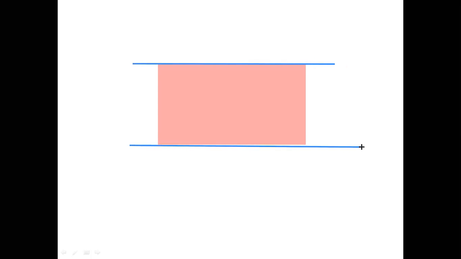Two metallic plates. This is the first metallic plate, and this one is the second metallic plate. In between these two metallic plates, I'm placing this crystal.